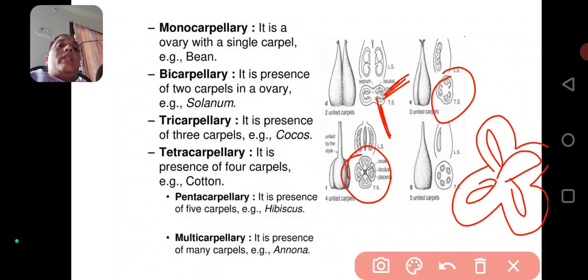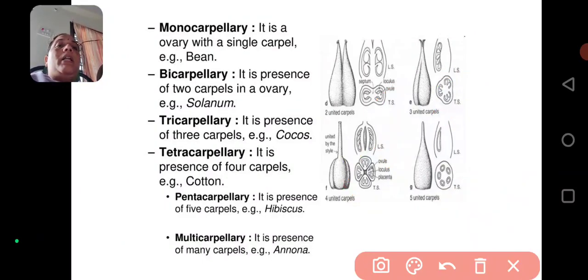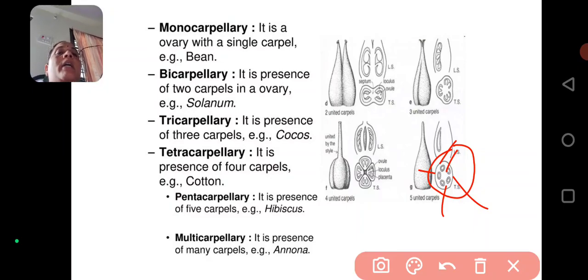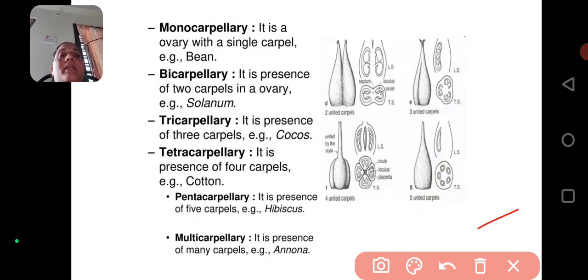Next one is pentacarpellary, the presence of 5 carpels, 1, 2, 3, 4 and 5. Example is hibiscus. Next one is multicarpellary, the presence of many carpels. Example is annona.